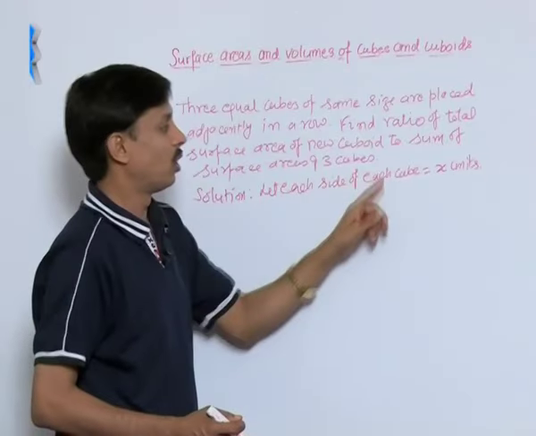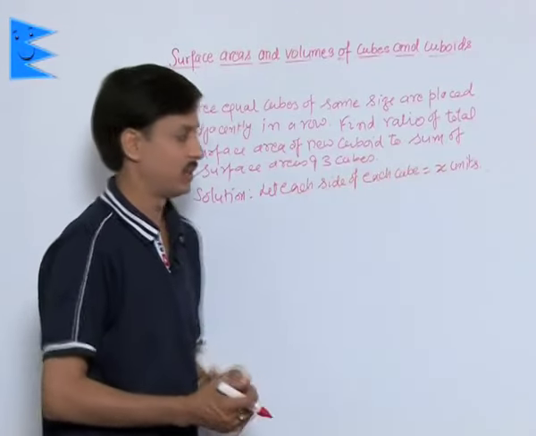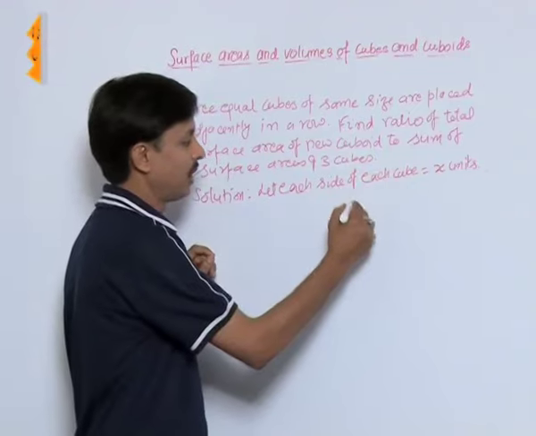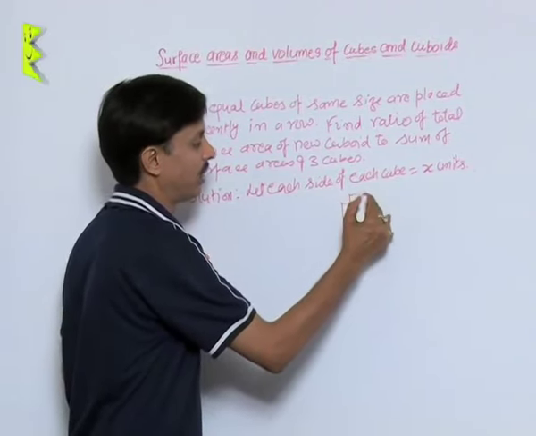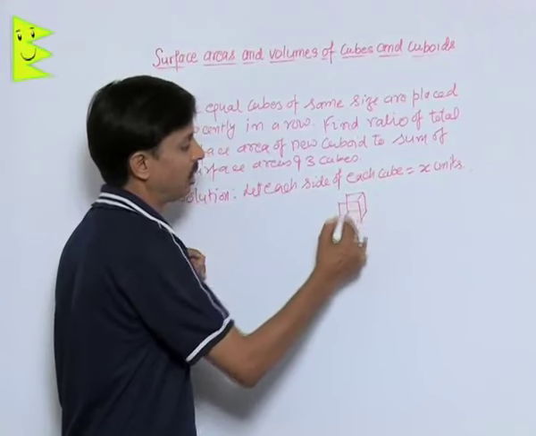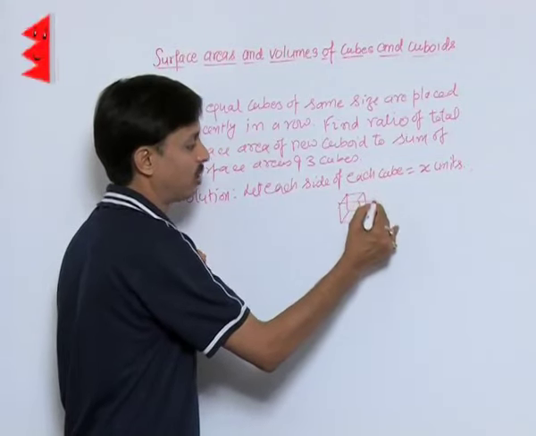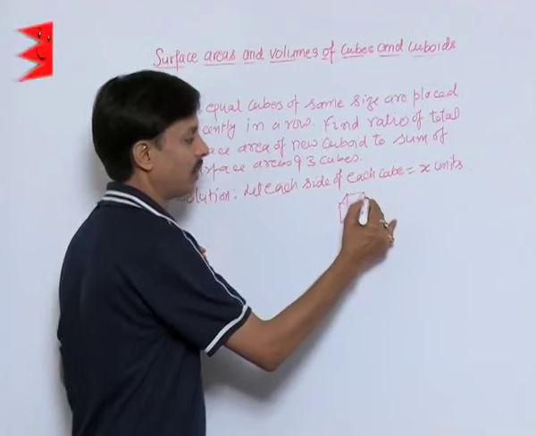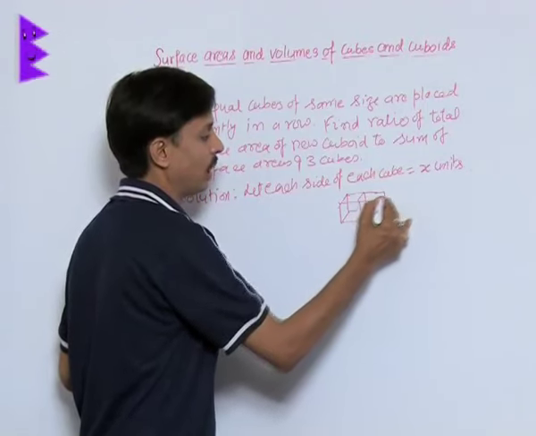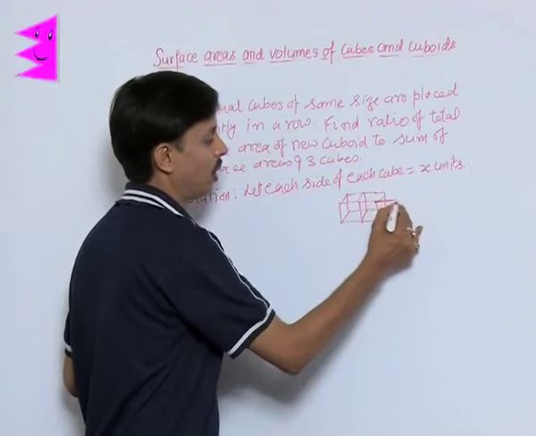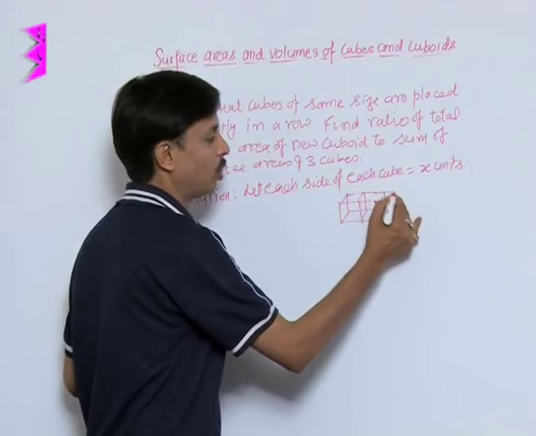Let each side of each cube be x units. If I have 3 cubes, each having the side x units, and these 3 cubes are placed adjacently, then what is going to happen? The new shape that will form will be a cuboid.